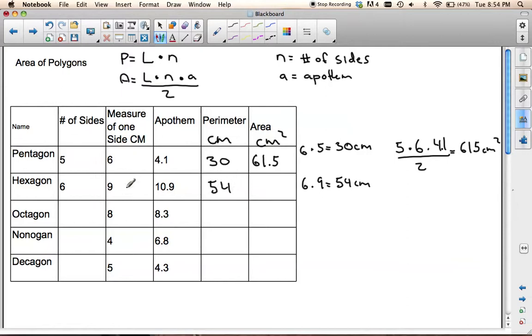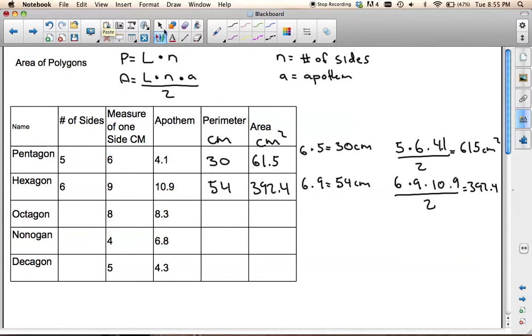And we do the exact same thing for area, where we go our number of sides times our length times our apothem, in this case it's 10.9, divide the whole thing by 2, and that gives us 392.4 centimeters squared. That's all we need to do.